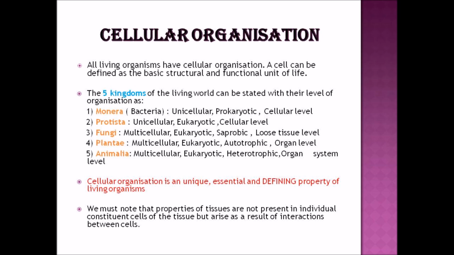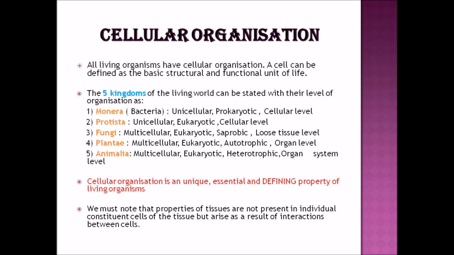The final kingdom, which is most advanced, is kingdom Animalia. It includes the animals, which are multicellular, eukaryotic, but heterotrophic or holozoic. Heterotrophic means that animals cannot make their own food.